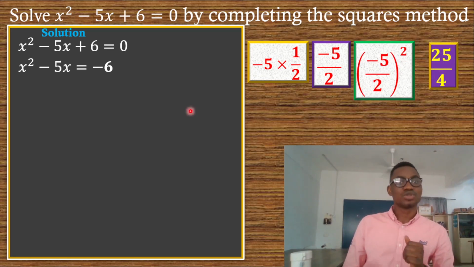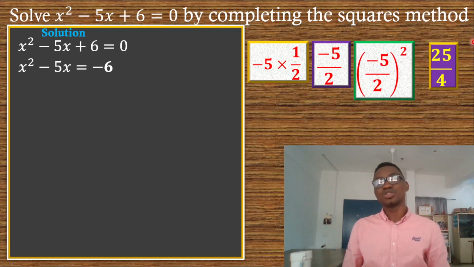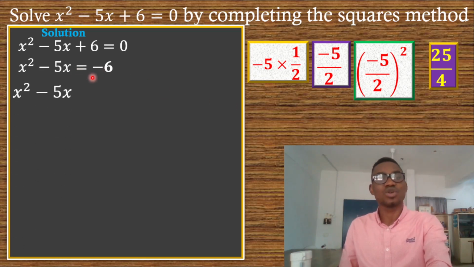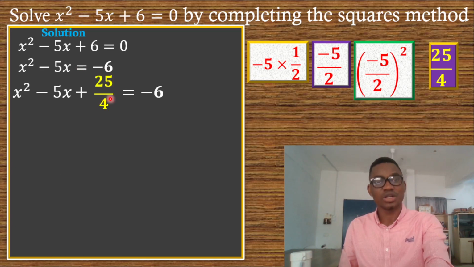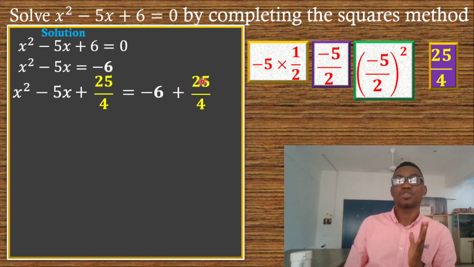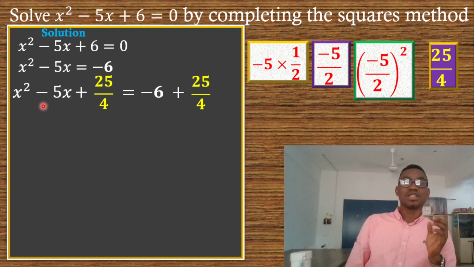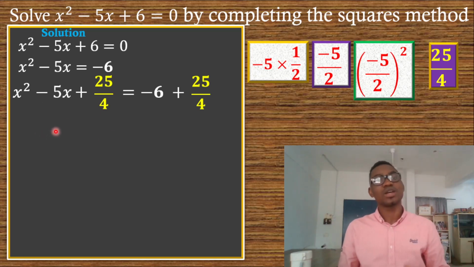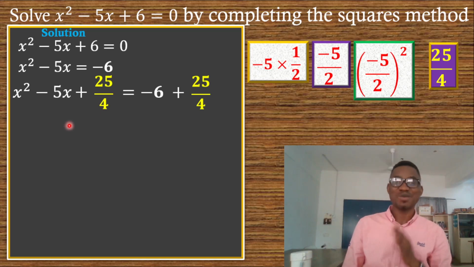So what to do next is to add this 25 over 4 to both sides of the equation, and that gives us x squared minus 5x plus 25 over 4 equal to minus 6 plus 25 over 4. At this point, the left hand side is already a perfect square trinomial. Okay, we are making progress.